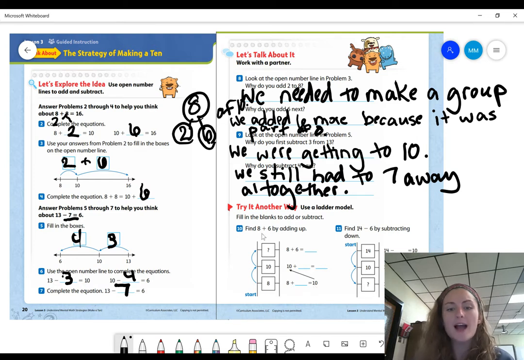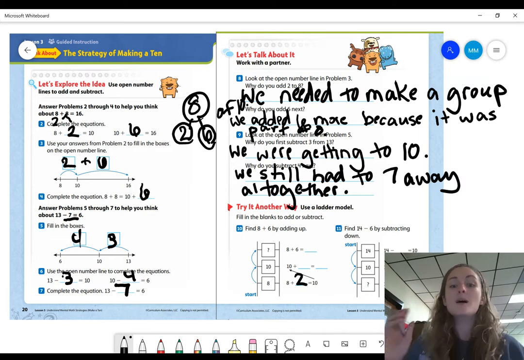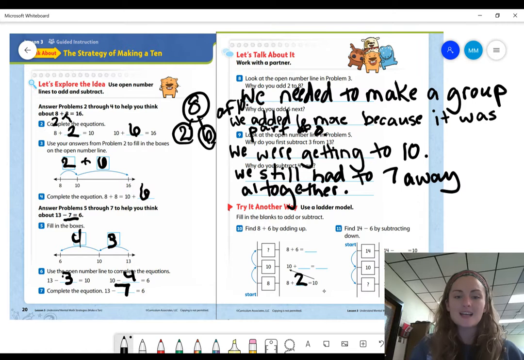So we're trying to add 8 plus 6, but what does it want us to make first? A group of 10. Let's pound and count 8 and go to 10. 8, 9, 10. How many do I add to make 10? I added 2, but am I done? No, because I'm adding 6 altogether. So 8 plus 2 made 10.